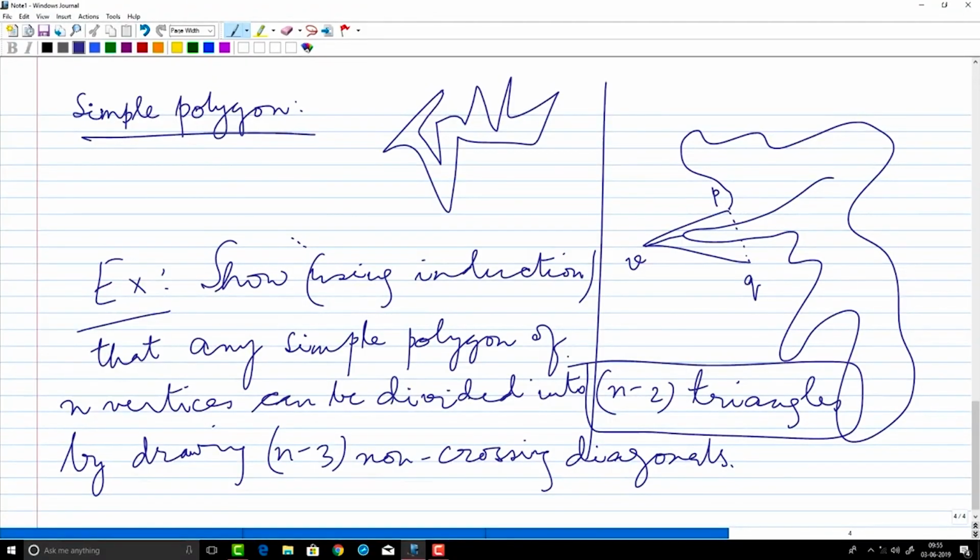Now, let us look at a little bit serious problem. The problem is known as closest pair.